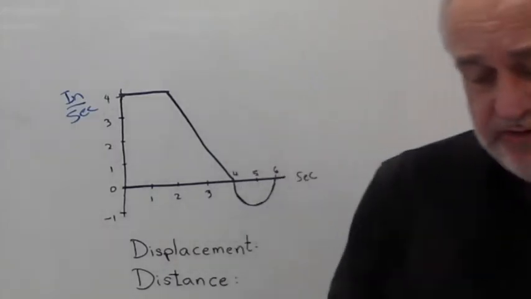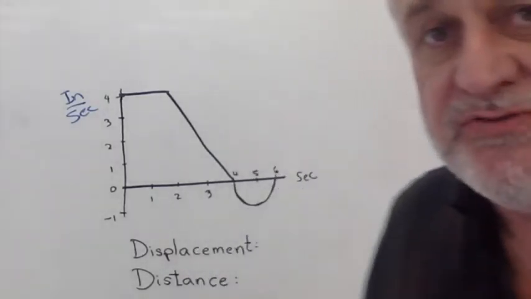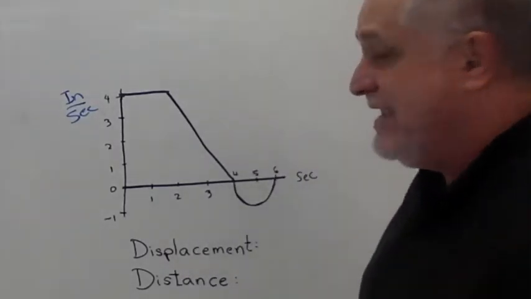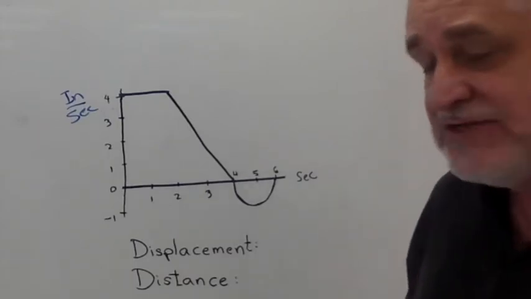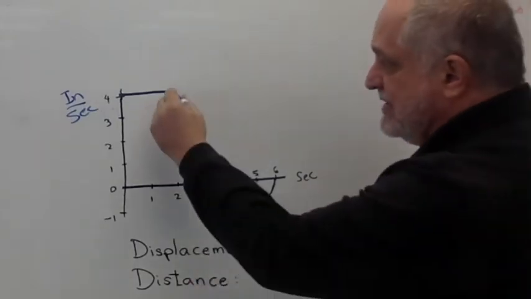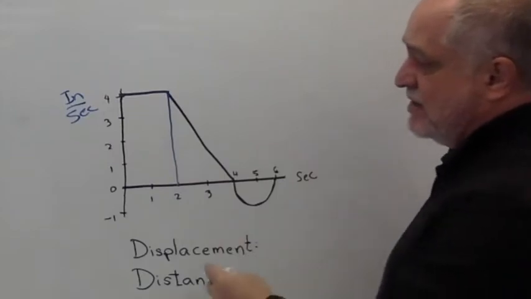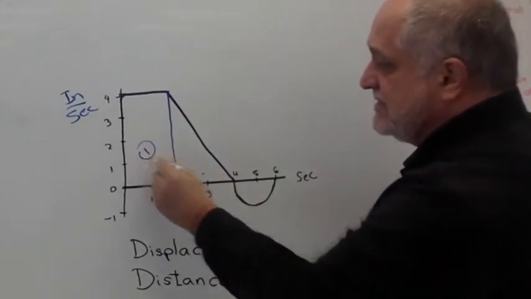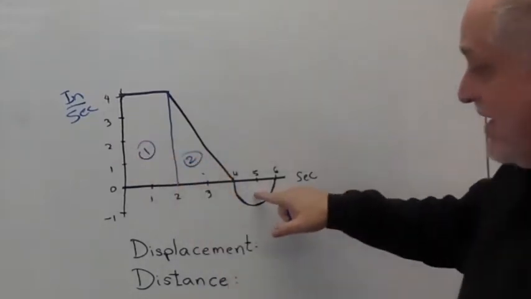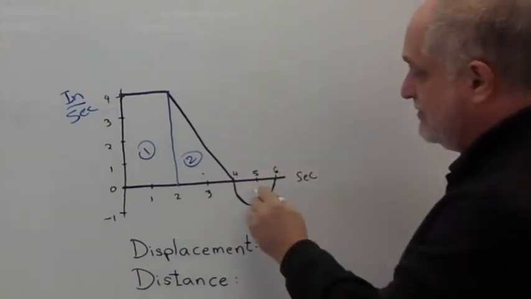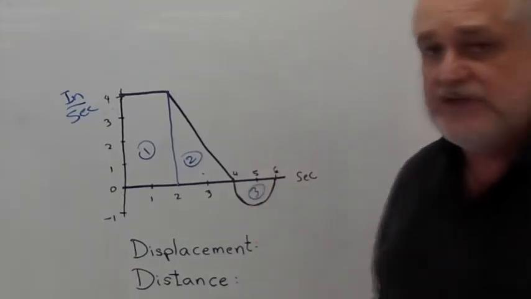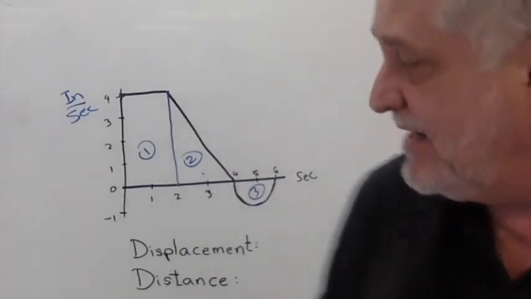Fortunately, I rigged this with a bunch of geometric shapes that you should be able to use to get our destination. First of all, recognize that we've got ourselves a rectangle, we've got a triangle, and we've got a semicircle right here. We have 3 components of our movement that can be added together.